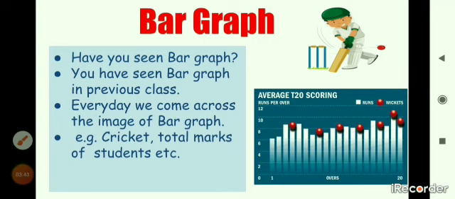Nowadays, you all are watching the IPL league, right? In that match you can see different types of graphs are shown. For example, average T20 scoring of a team. See here, it is given in the graphical form where you can see on the x-axis there are number of overs, that is 20, and runs per over.